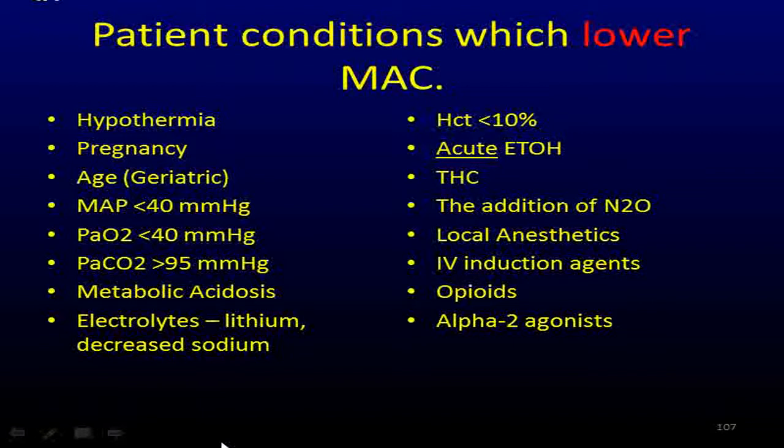Now let's go through these conditions that can lower what you need to keep someone still. Hypothermia. So I'm getting cold. Stacy, what does cold do to nerve function? It slows it down, right?